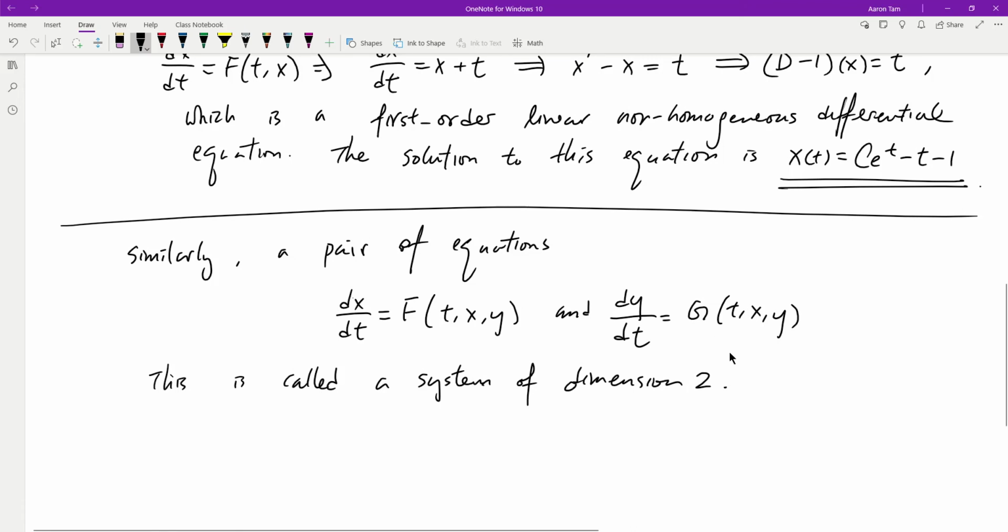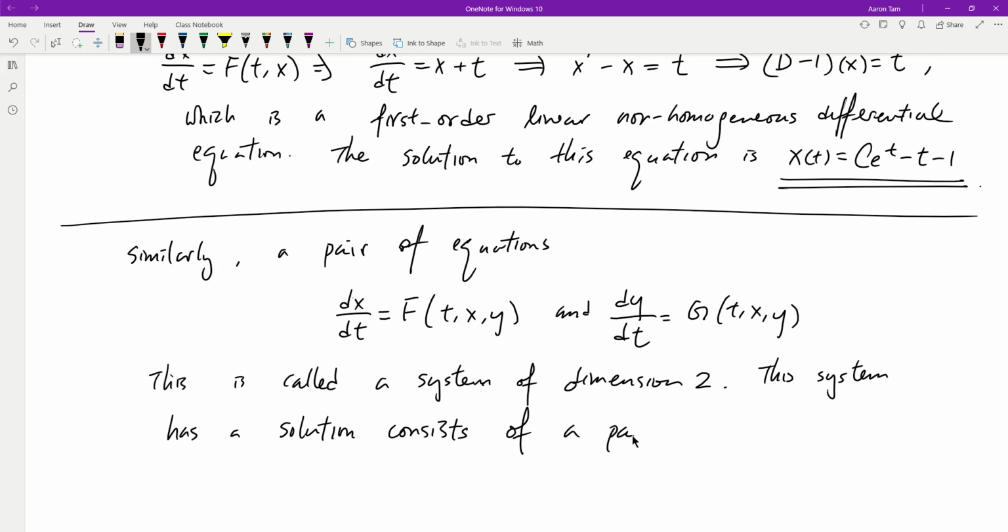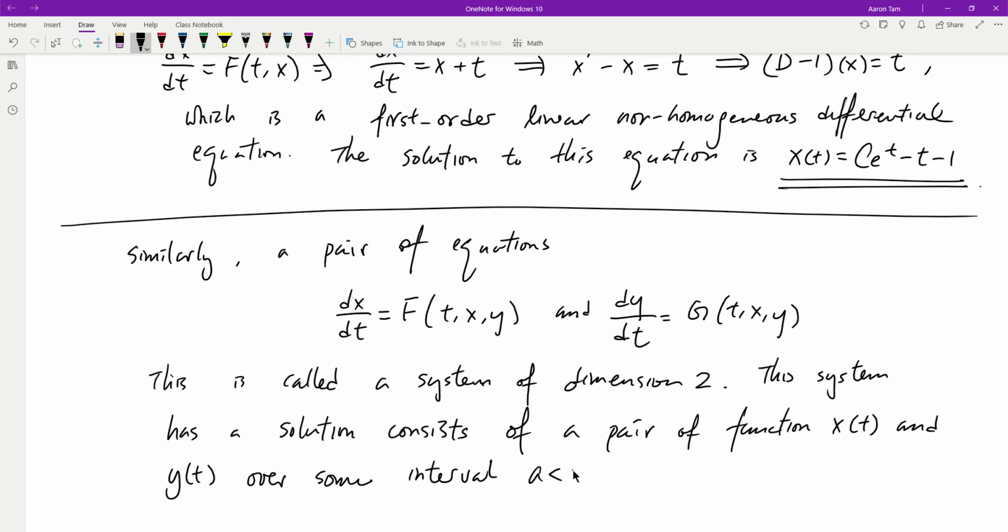And in this case, this system has a solution, which consists of a pair of functions, one defined for x and one defined for y, a pair of functions x of t and y of t over some interval from a to b.